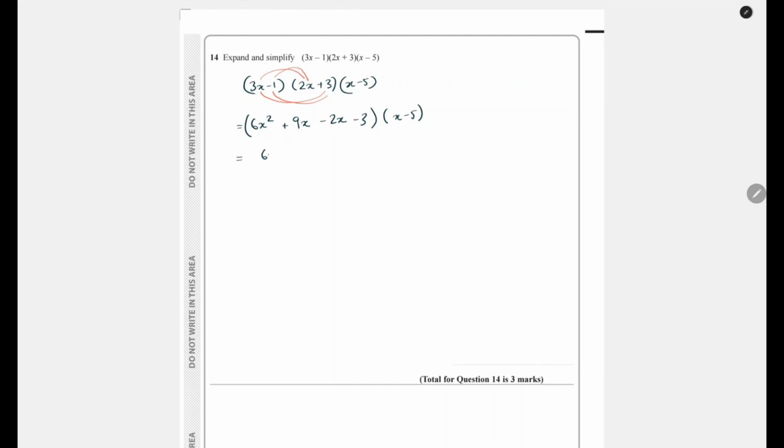We can clean this up by collecting the like terms. 6x squared, 9x minus 2x gives us 7x and minus 3. And we have x minus 5.